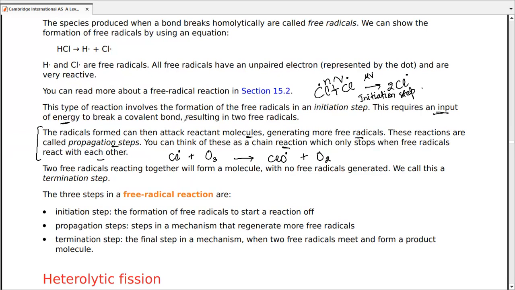Now, the point we were trying to make is that they attack reactant molecules, and in doing so, they generate more free radicals. Take a look at this. A free radical attacked a molecule, produced a free radical and a molecule. That free radical might be capable of reacting with more ozone molecules, which it actually is. And I'm going to show you a reaction in which it is going to attack another.